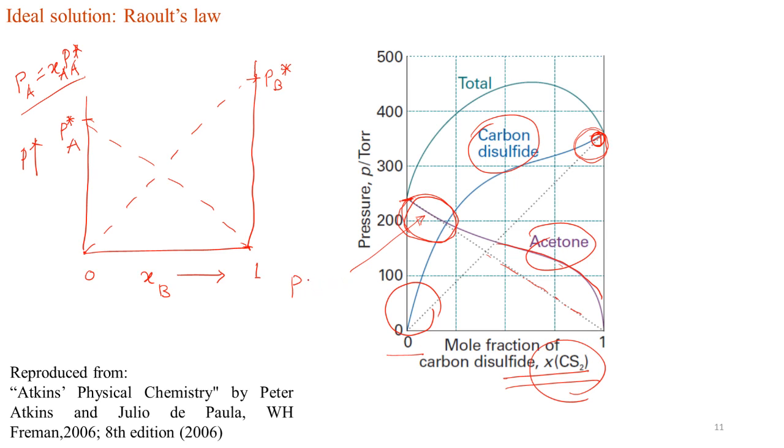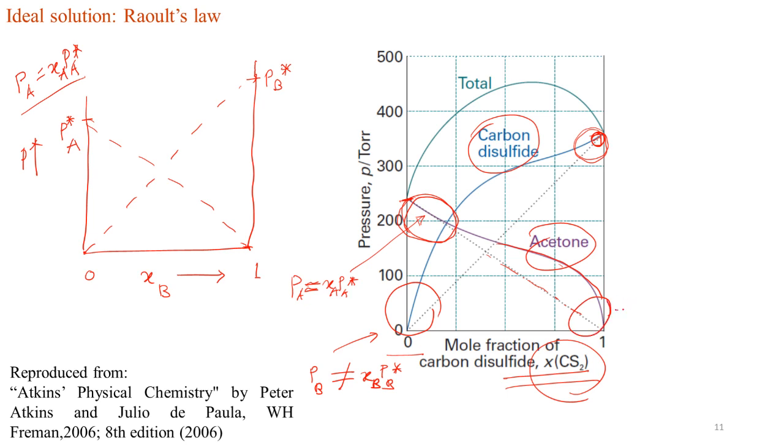So this is all with respect to only Raoult's law being plotted, where PA we can write as XA into PA star. That is more or less valid, but with respect to B, it is very wrong to write XB into PB star. Similarly, exactly the opposite situation happens.